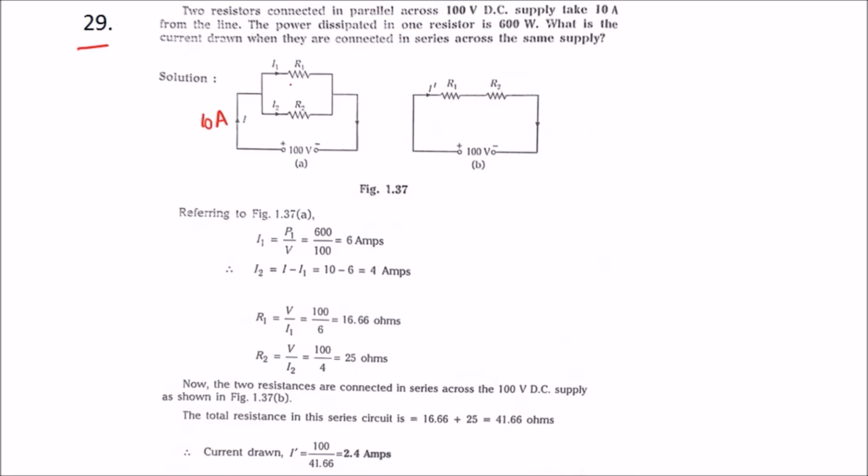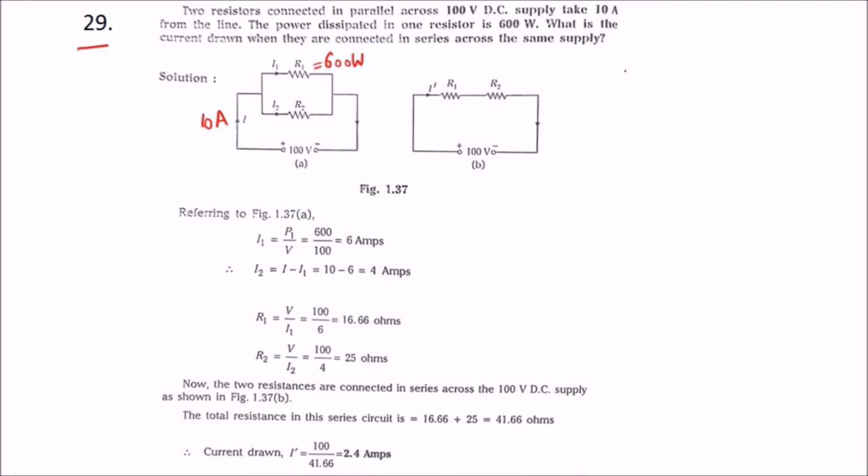The power dissipated in one resistor is 600. Let us take R1. Here the power dissipated will be 600 watt. Since the power dissipated in R1 is 600 watt, we can find I1.